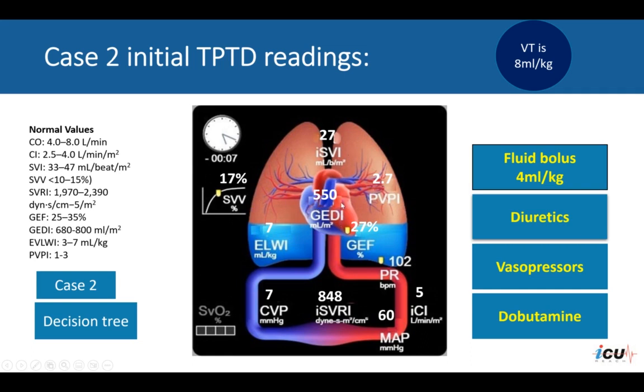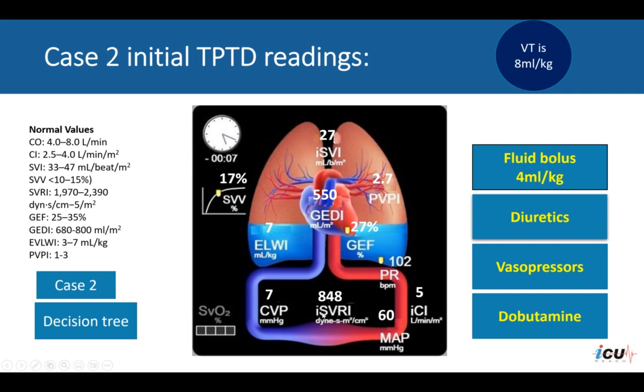The preload is decreased. Then you assess the contractility. The global ejection fraction is 27%, so it is within normal limits. At the same time, his stroke volume index is slightly decreased, but the cardiac index is normal or slightly elevated. The cardiac index is 5. His mean arterial pressure is 60 millimeter mercury.